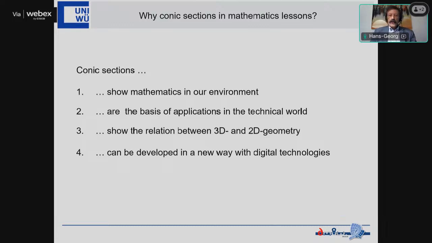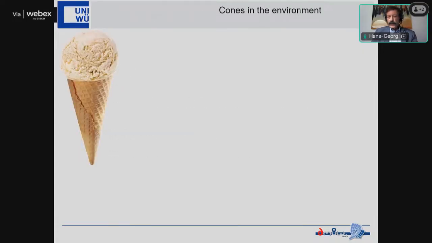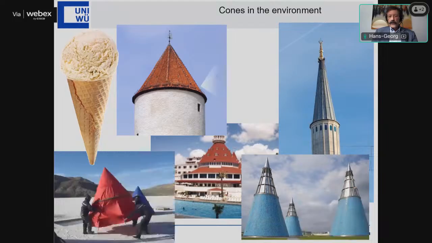Yes, this is so. I will emphasize especially the third and the fourth point, but I will start with the first two points, a short overview. Where do we find conic sections in our environment? It's a cone, an ice cone, an ice cube, and you find it in some roofs in this form.